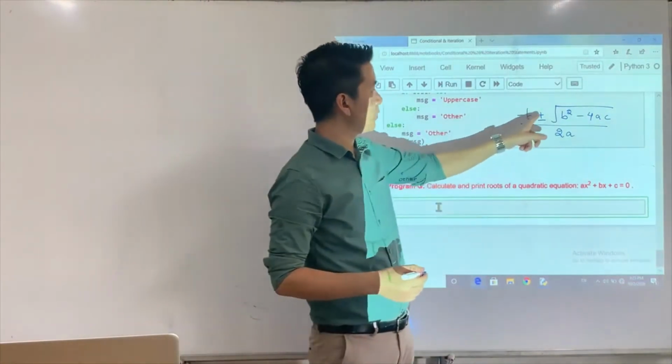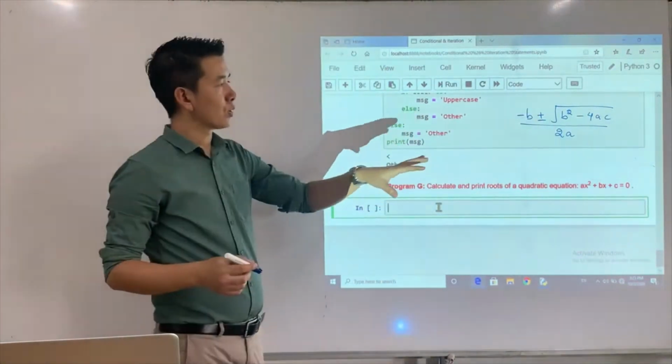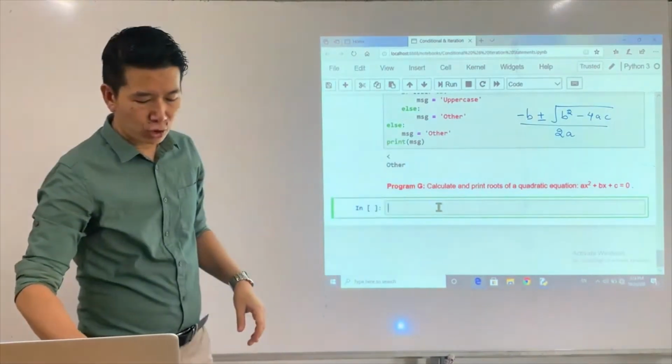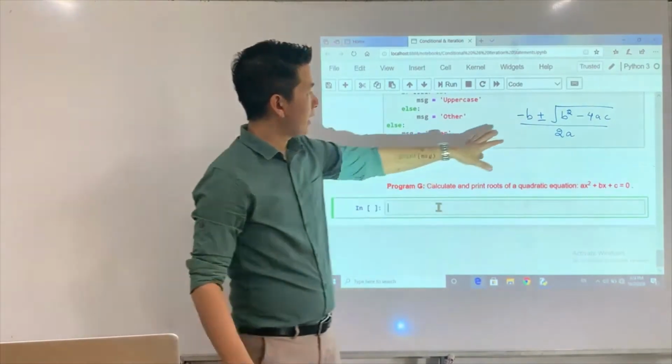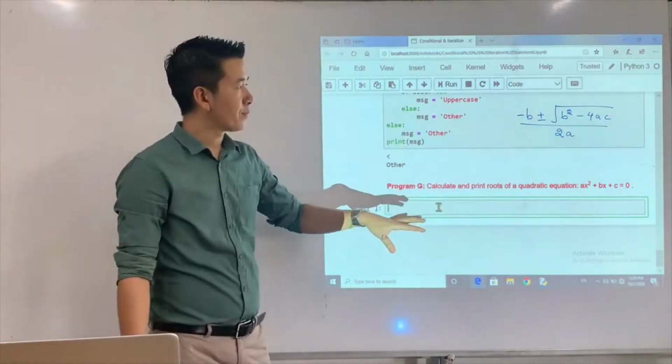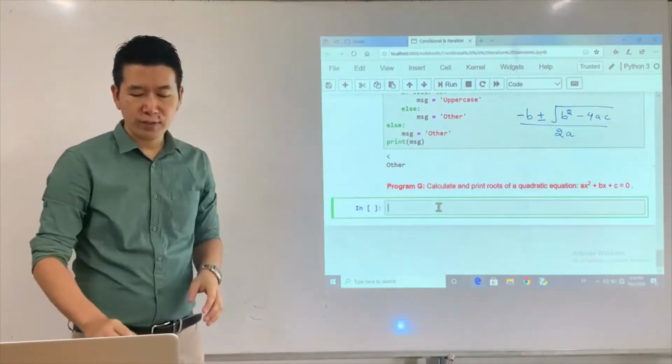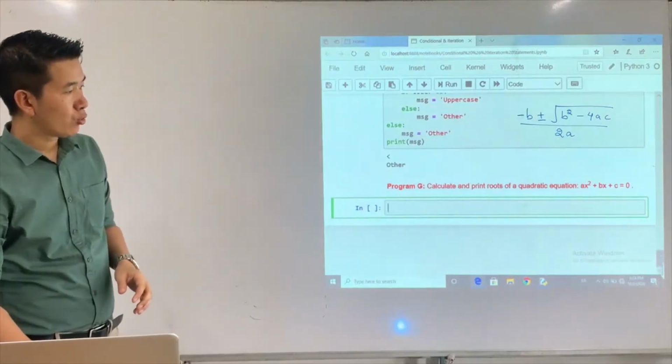So you have plus minus, which means you could get 2 roots for certain combinations. So this is the formula, and then we'll have to write a program using this formula to find out the roots of this quadratic equation, right? So we'll just get started.